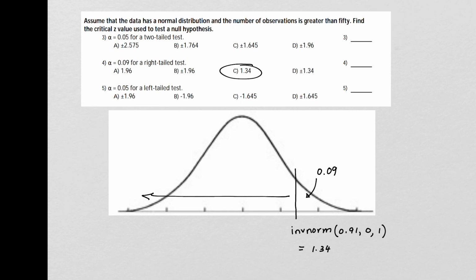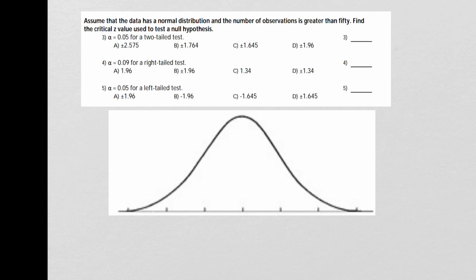There's only one critical value in a right tail test, so I know that the plus or minus has to be incorrect. And then finally in question 5, we have alpha equals 0.05 for a left tail test. So I'm going to put an area of 0.05 in the left-hand tail, or 5%, whichever way you want to write that.